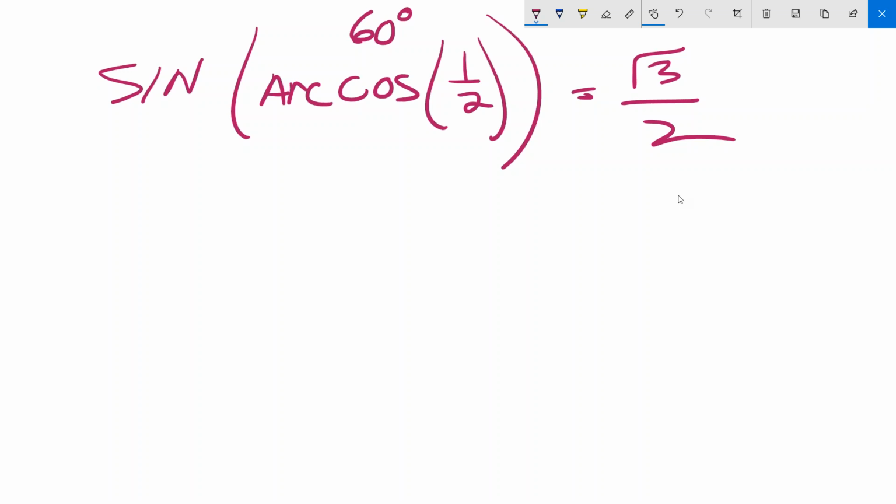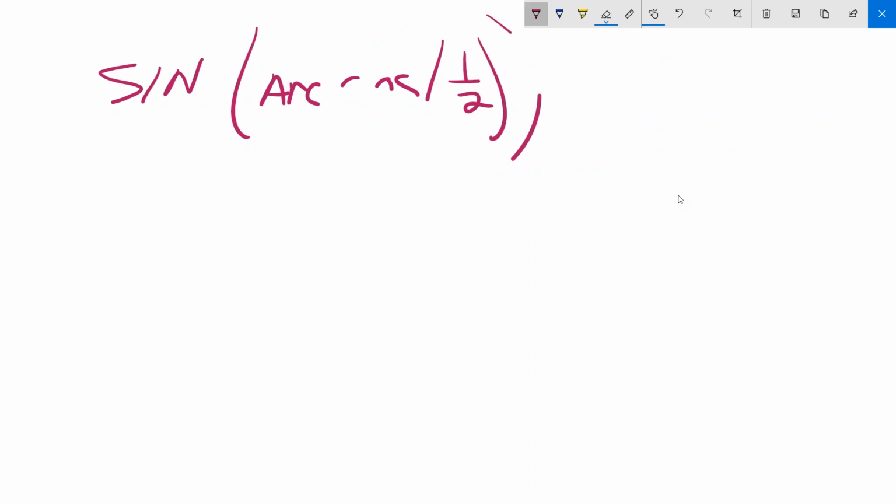Okay? Now, that's one way to do it. That's not my best favorite way to do it. My best favorite way to do it is the following. I know that that's an angle, right? What's inside the parentheses is an angle. So I'm going to call it theta instead of arc cosine of 1/2.